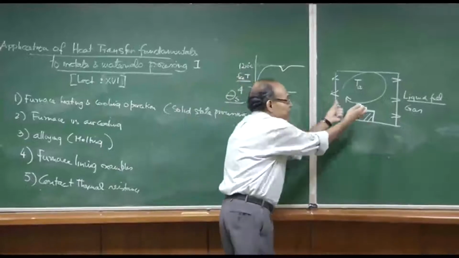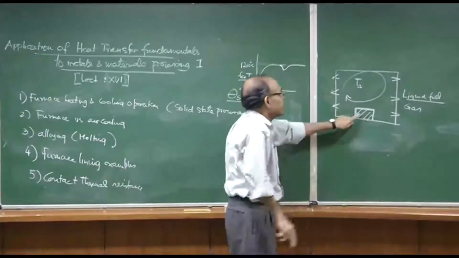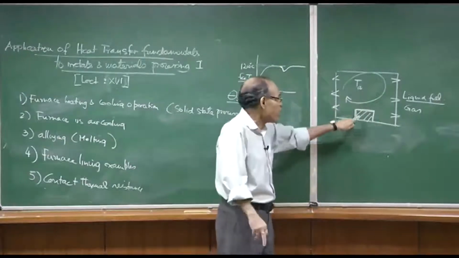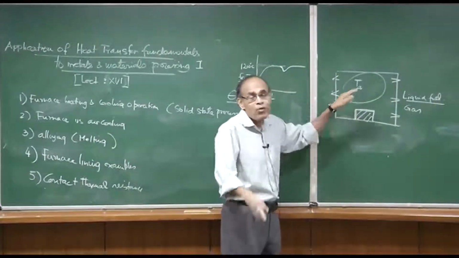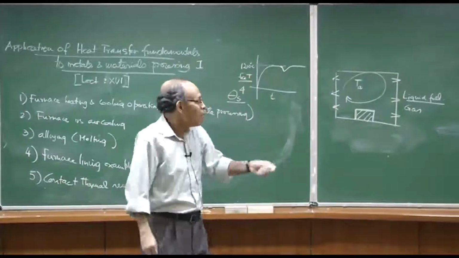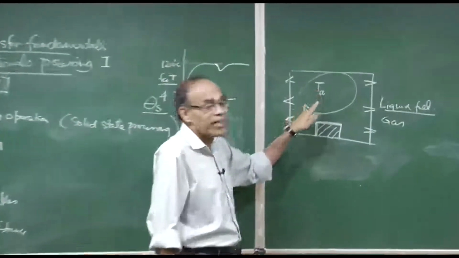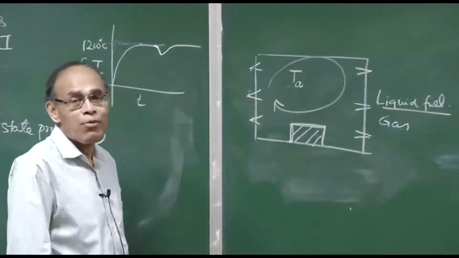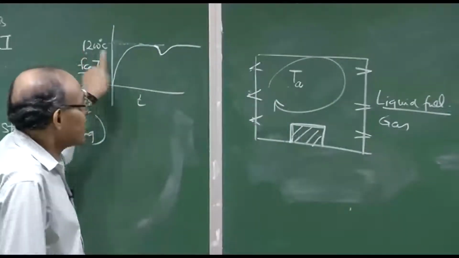The task in furnace heating and cooling operation is that we will heat it, and then it can attain the maximum temperature when there is thermal equilibrium. Initially when I put the solid into the furnace, the solid is at room temperature, but after some time the solid attains thermal equilibrium, and if I take the ingot out of the furnace, it is at 1200 degrees centigrade.